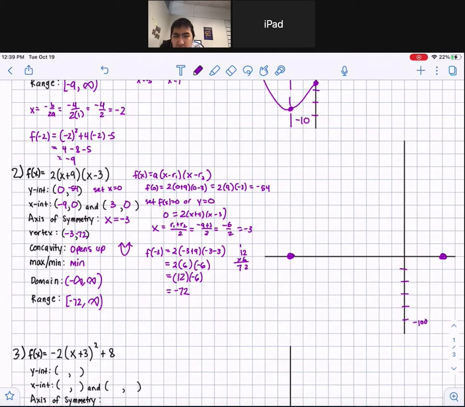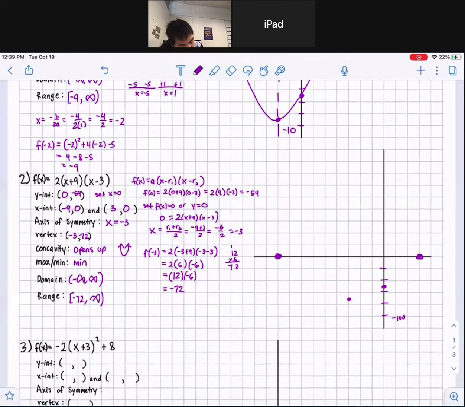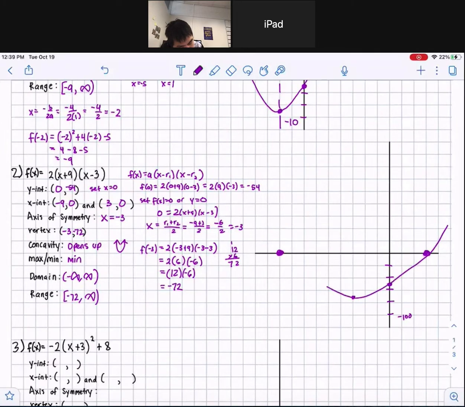So (0, -54) is somewhere right there, and (-3, -72) somewhere right there. And then your graph will look something like that. Axis of symmetry, x equals -3.